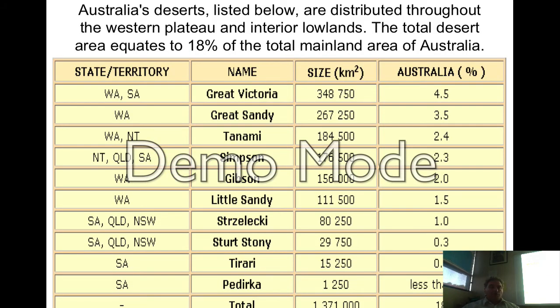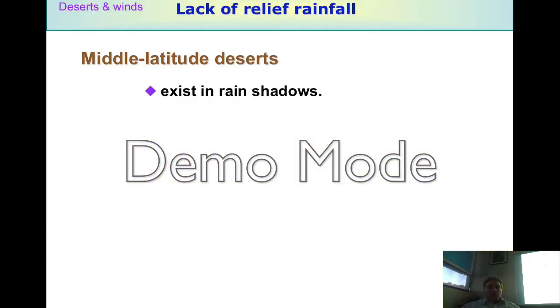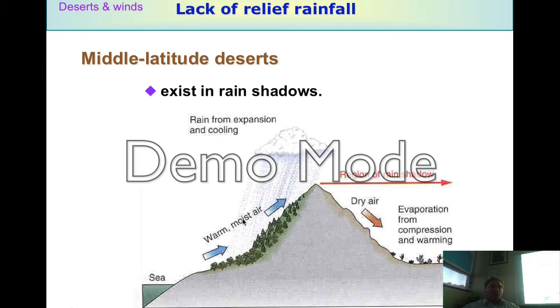There's the size of them. Lack of relief, rainfall in rain shadow areas. These are the rain shadow. Rain's on the windward side of the mountain where the sea is. Warm, moist air is pushed up over the mountain, precipitates, snow, rain on that side, but then when the air drops on that side, it actually becomes more dense and it's very dry.